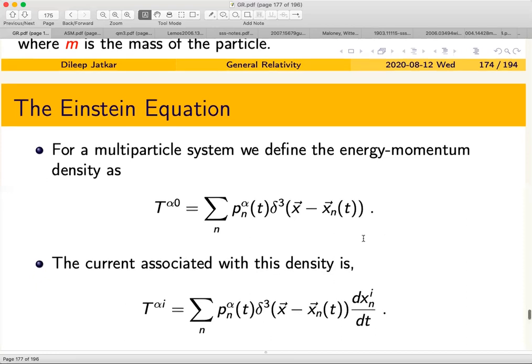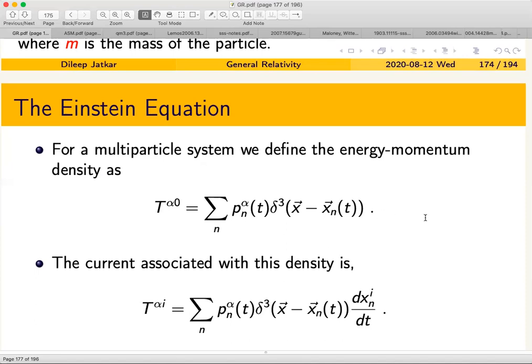Now, you are looking at a setup in which you are writing down the energy momentum tensor for a particle following a particular trajectory, and its alpha 0 component, which is basically the momentum 4-vector piece, is written in this particular form.